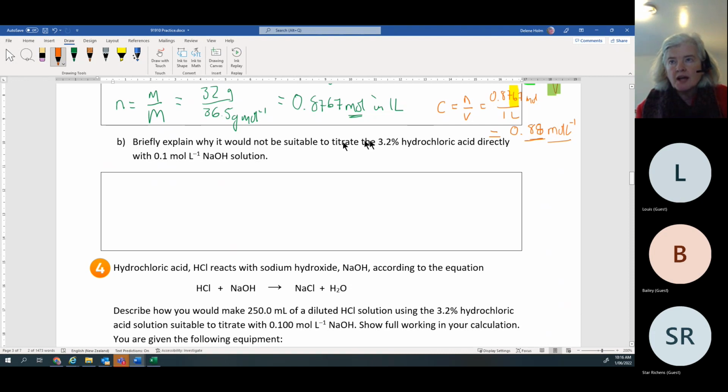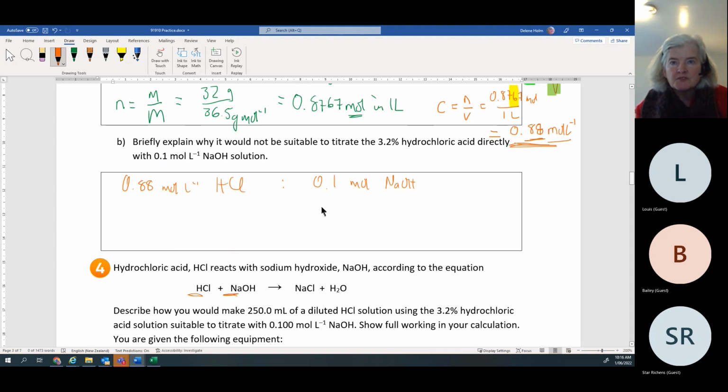And the reason why I can't take my 0.88 mole per liter of hydrochloric acid, HCl, and titrate it with 0.1 mole per liter NaOH, is because if you look at the formula over here, it's a 1-to-1 ratio.